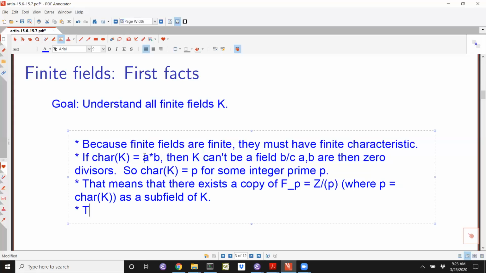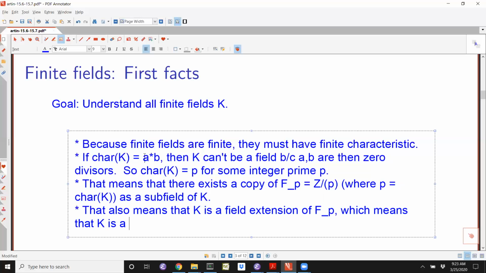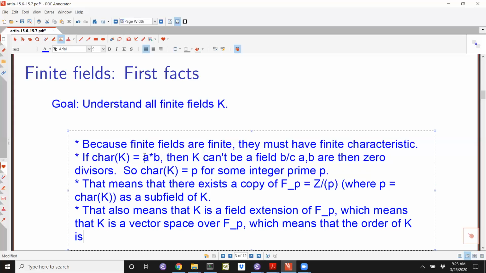That also means that K is a field extension of F_P, which means that K is a vector space over F_P, and the order of K is a power of P. It's not unhelpful to have a standard notation for this.